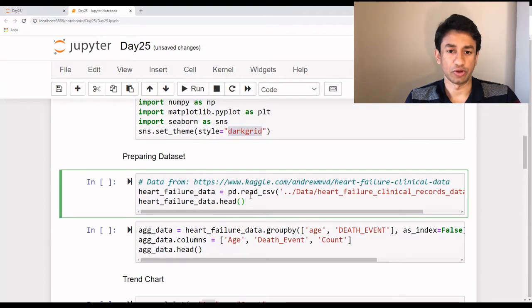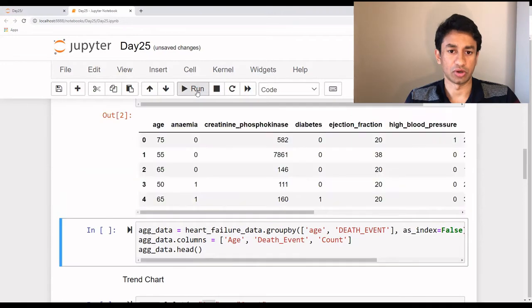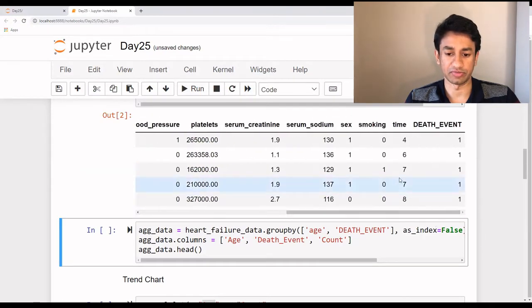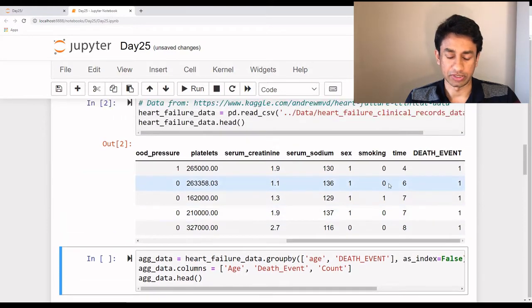The dataset that we are going to use today is slightly different from what we have used so far. It is about heart failure clinical data. Let me show you how the data looks. These are all the patients with a heart issue, and how many of them survived and how many did not.